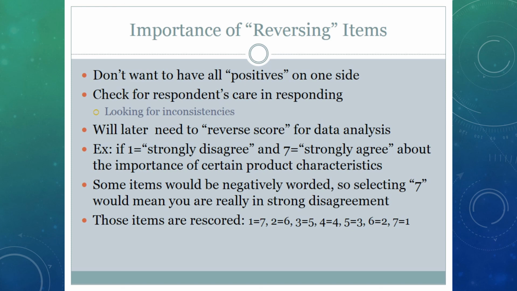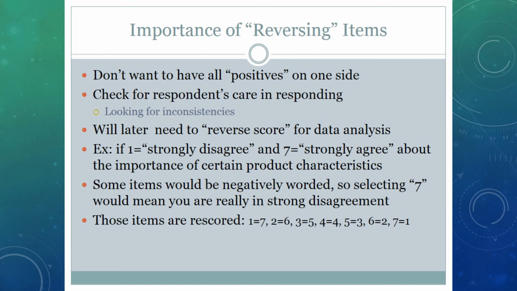What I mean by that is for a semantic differential scale, you wouldn't just have all positive characteristics on the right-hand side and all negative characteristics on the left-hand side, because people may just tend to go right down the line and check everything on the far right side without really reading it. And that's how you can later figure out if you have to get rid of some of these surveys because they don't really make logical sense.